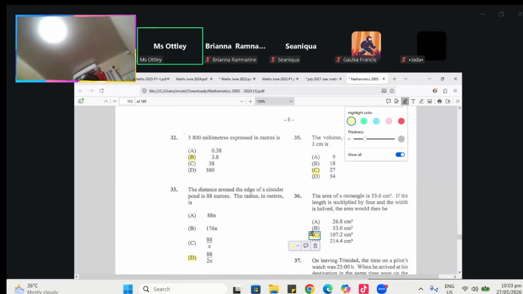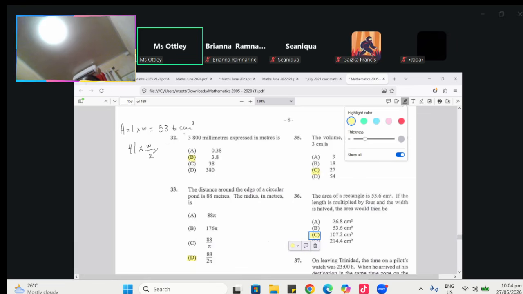So we have a rectangle. The area of a rectangle is length by breadth, and that is equal to 53.6 centimeters. Then they said that my length is multiplied by 4 and my width is halved.